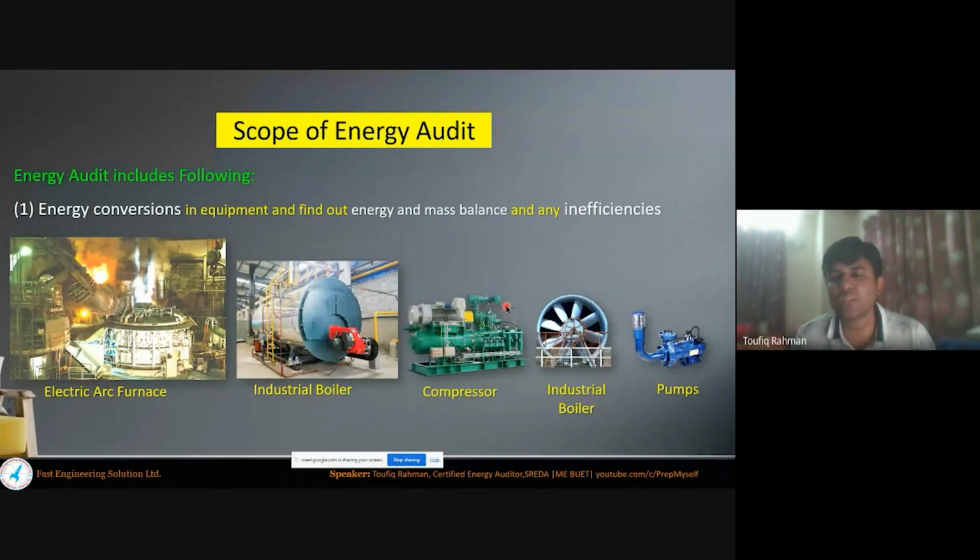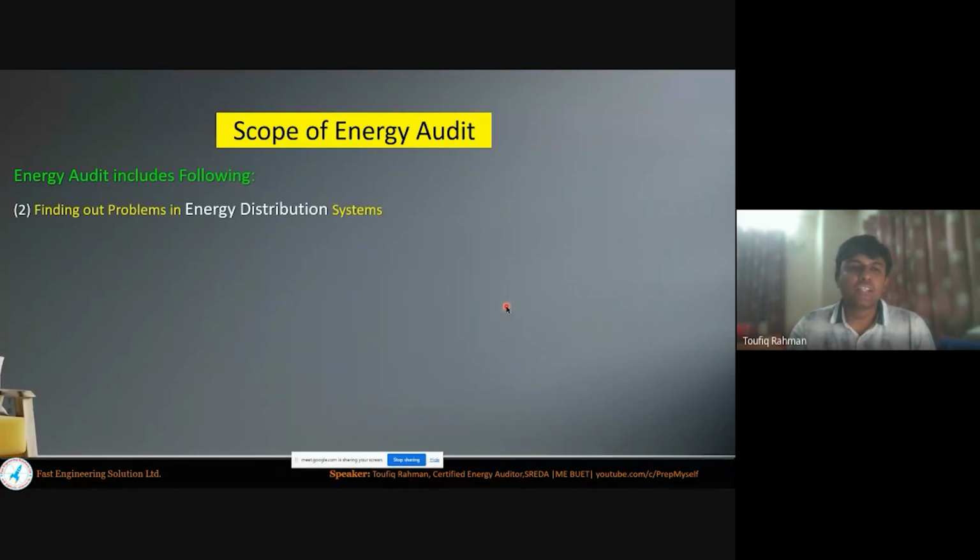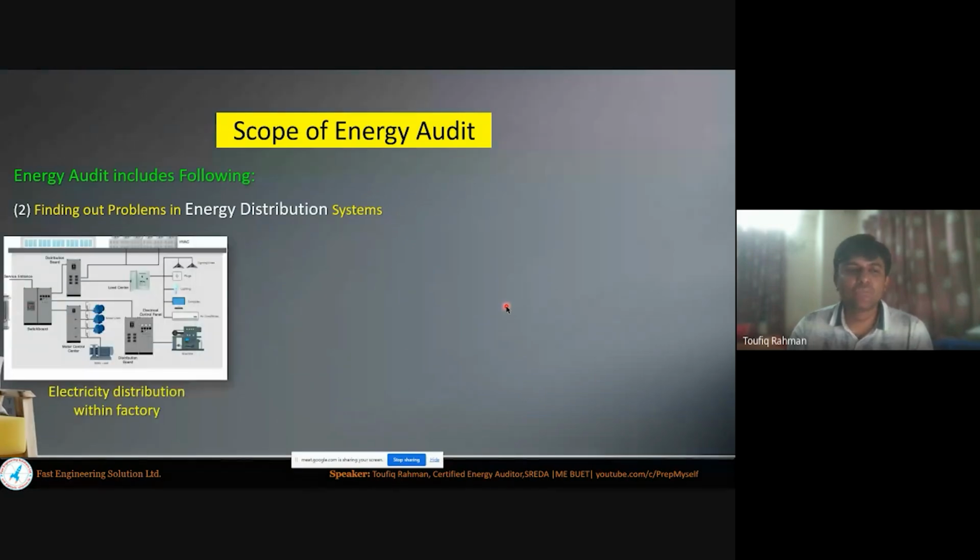So this is really not the boiler, this is actually an industrial fan and pumps. These are the equipment that has to be taken care of by the energy auditor, so that they run efficiently or inefficiently. There may also be problems in the energy distribution system.